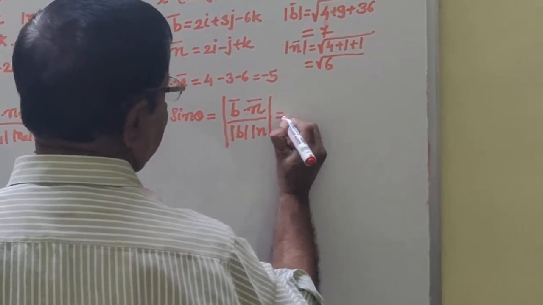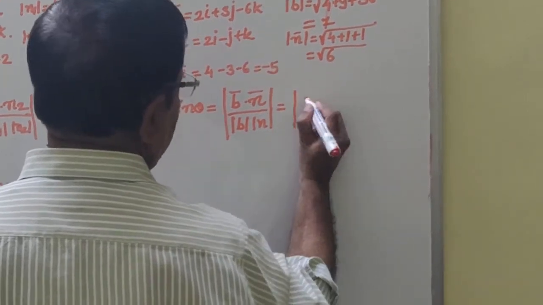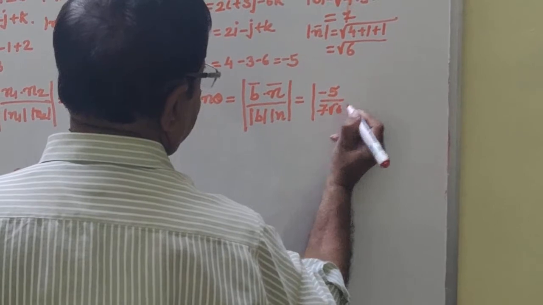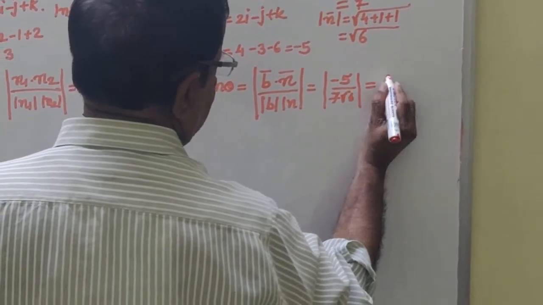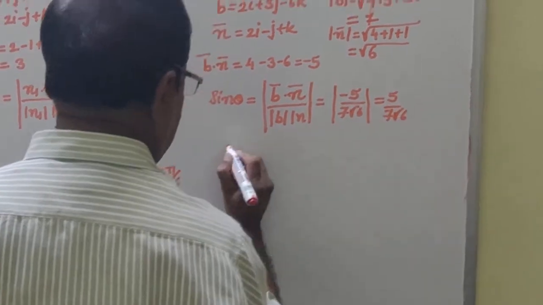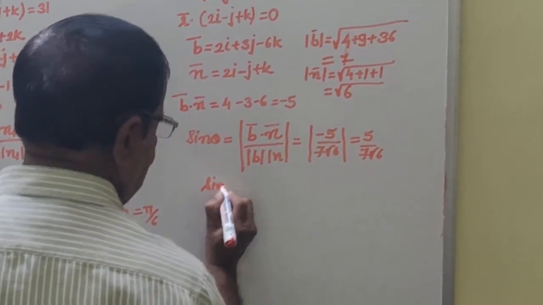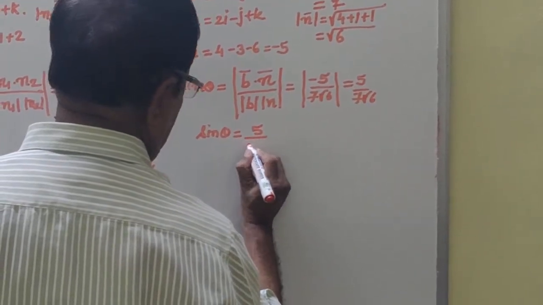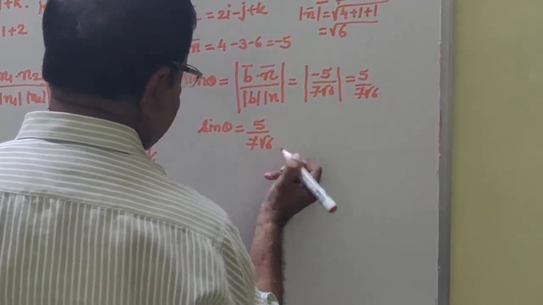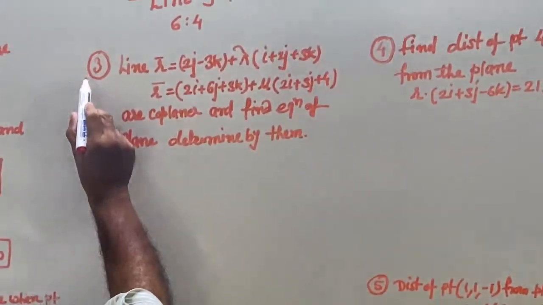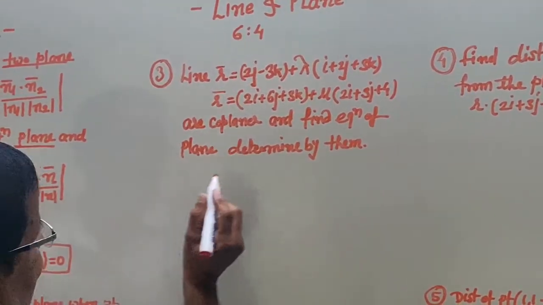What will come here? Minus 5 upon 7 root 6. Taking the acute angle, this will be plus 5 upon 7 root 6, which is the value of sin theta. This is the answer for the given problem. Now we will go to solve another problem. We are going to solve problem number 3, in which the equations of two lines are given.